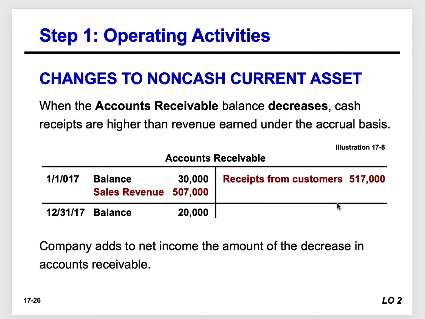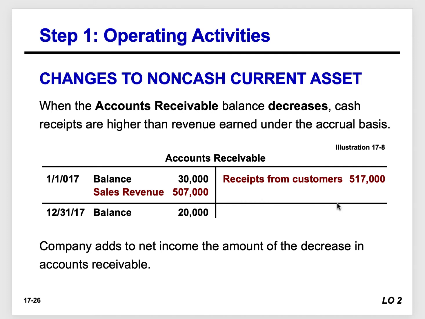So what we need to do is add to net income the amount of the decrease in accounts receivable, okay? So basically, we can sum that up in a rule that says if current assets decrease, we need to add that to net income, okay? So put that in your notes.